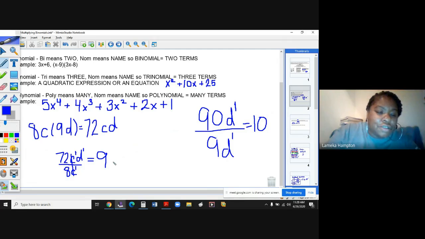So my answer would be D. Now I wouldn't put D to the first power. You don't have to put that. Because there's not a D at the bottom, that's represented as a 0. So I have 1 minus 0, and that leaves me with 1. So my final answer would be 9D.